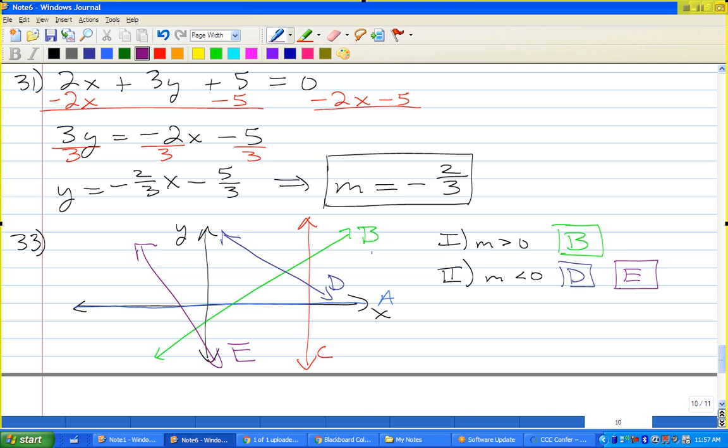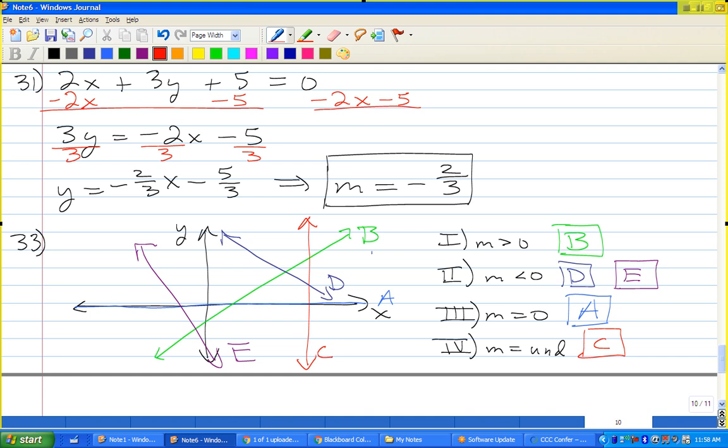And slope that is 0, A. I think I picked that one. That's A. And lastly, slope that's not defined. That is C. So C has a slope that's undefined. So let's see, A, B, C, D, E. Okay, good. They're all there.